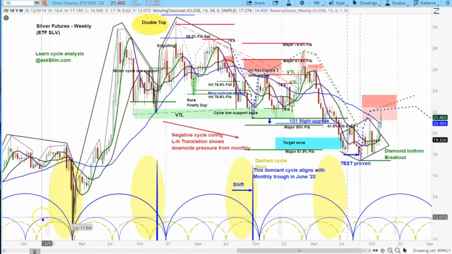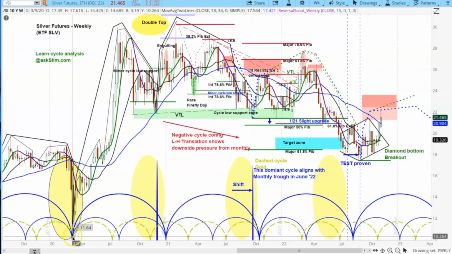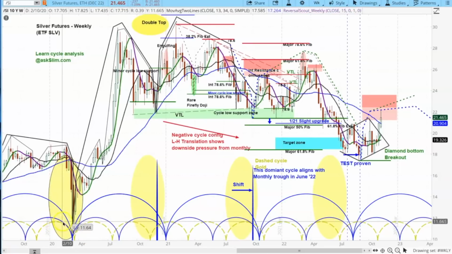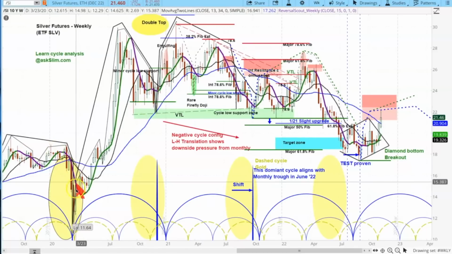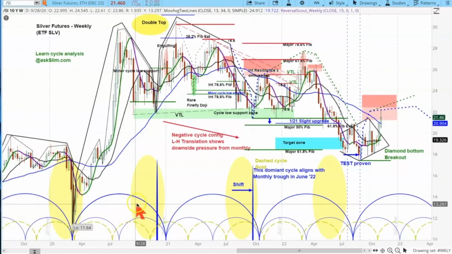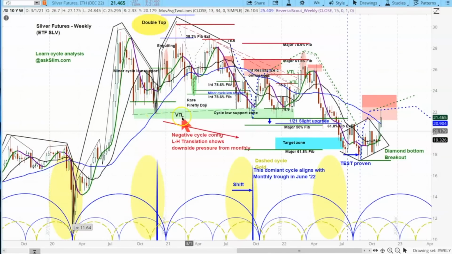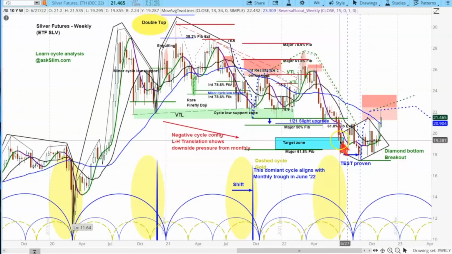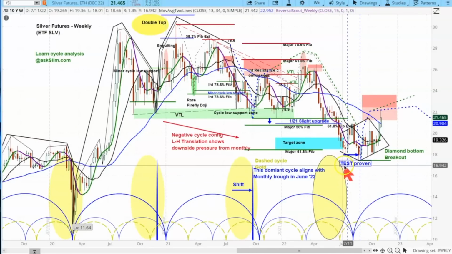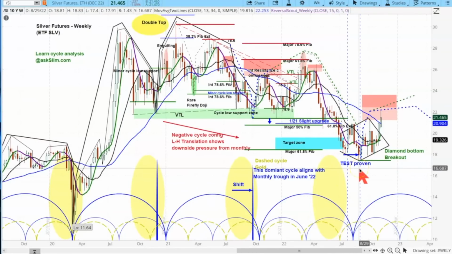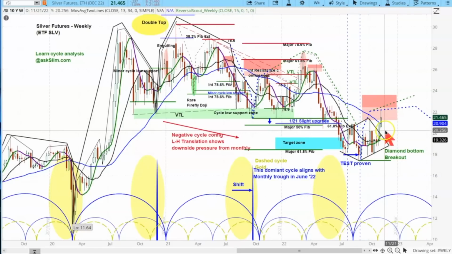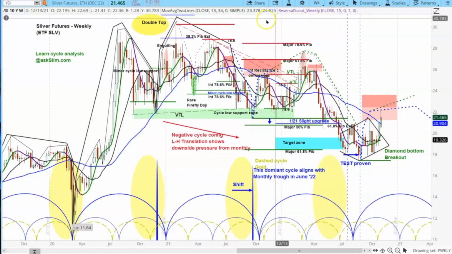The dominant cycle coming down, the intermediate cycle coming down right over here, and there happened to be a gold cycle coming down at the same time. That brought this big decline. You can see right over here where they're coming down, the big decline, the big decline right here, and it ran a little bit late, just as the gold market did, but it made this diamond that made the breakout and then got up to some resistance.